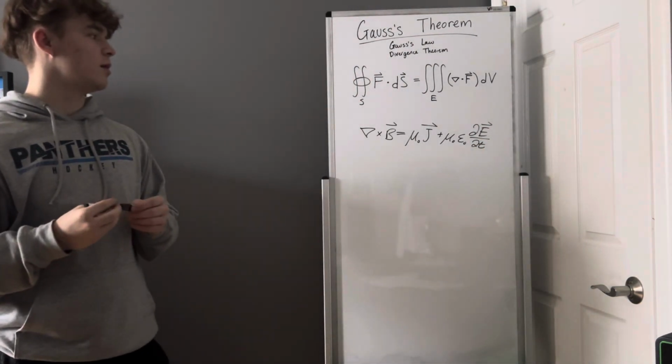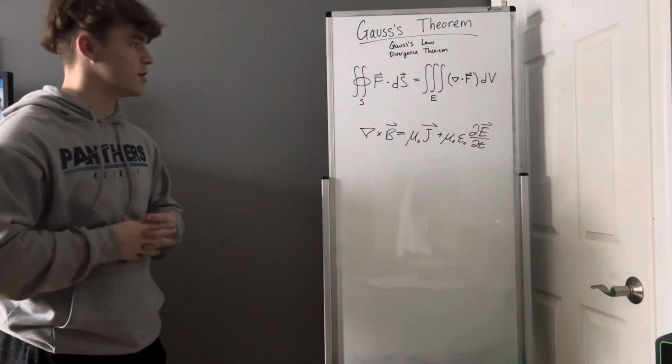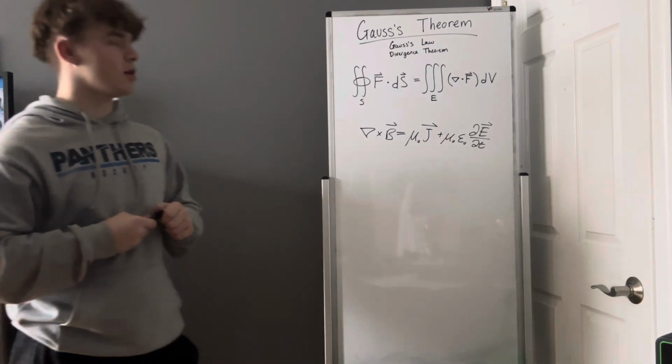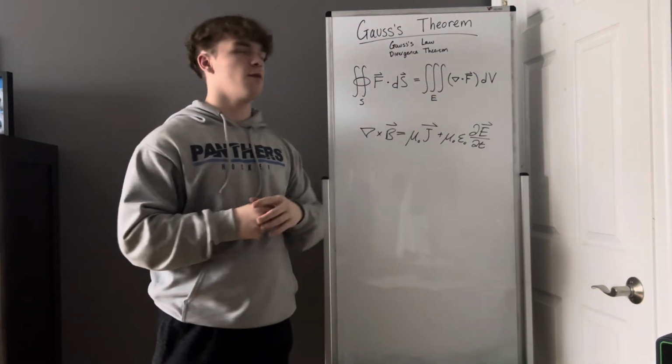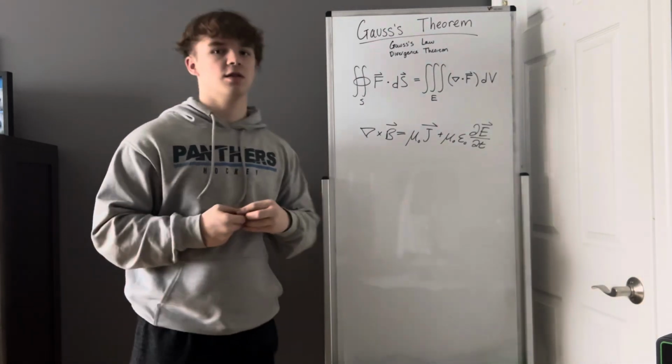And now, to be honest, I have absolutely no clue what this equation tells us, although it is also transferred into integral form using, not this, it would be Stokes' theorem since it's a curl.